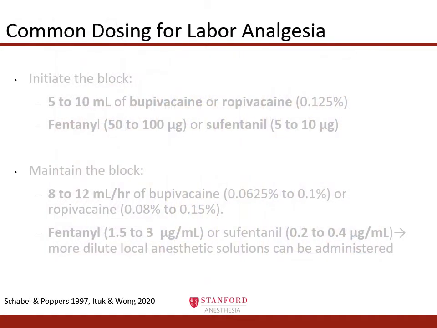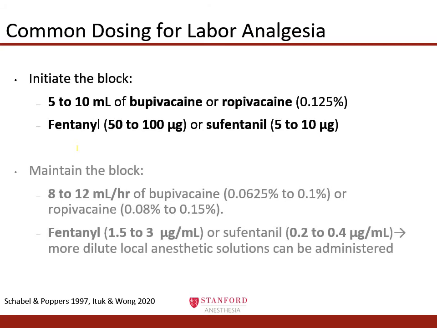There are many different ways to dose an epidural for labor analgesia, but we'll go over some of the basics. To initiate the block, you want to give 5 to 10 cc's of bupivacaine at a concentration of about 1/8%. You can include fentanyl 50 to 100 micrograms or sufentanil 5 to 10 micrograms.